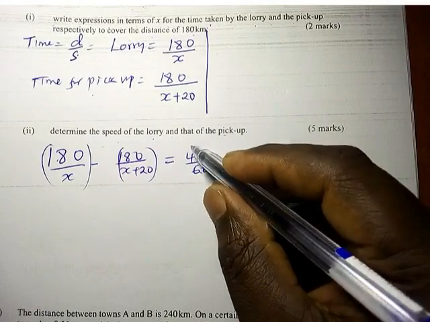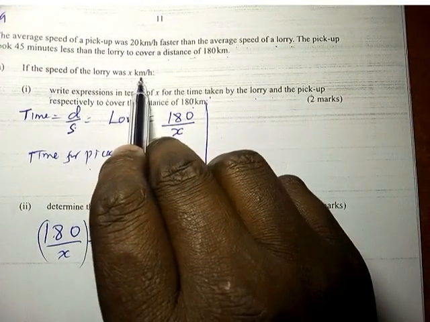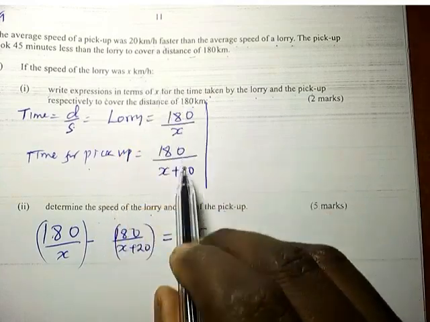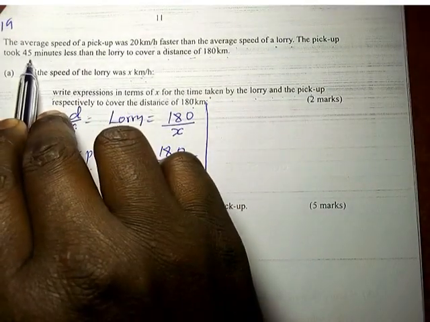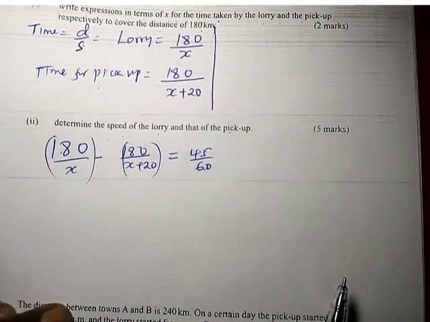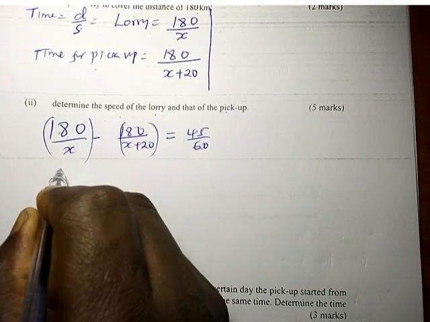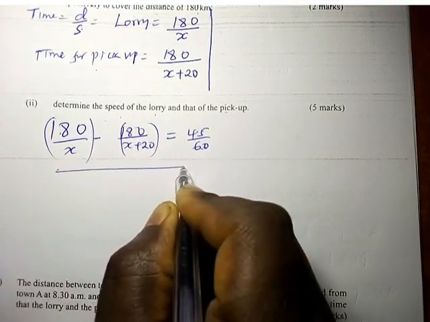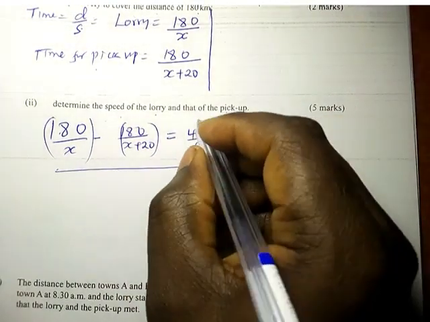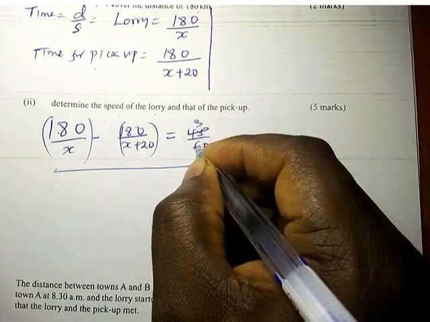Tunaweka over 60 kwa sababu lazima tubadilishe hii time into hours kwa sababu our speed was in kilometers per hour. So hii ilikuwa minutes, 45 minutes. So we need to convert to hours. So by so doing, we can see that 45 over 60, 15 here 3, 15 here 4.